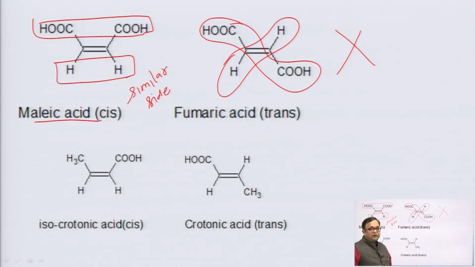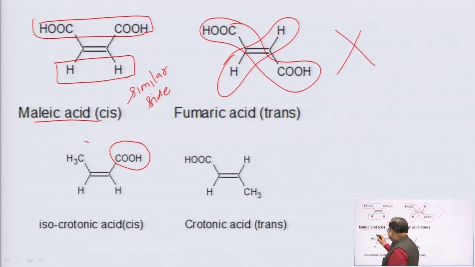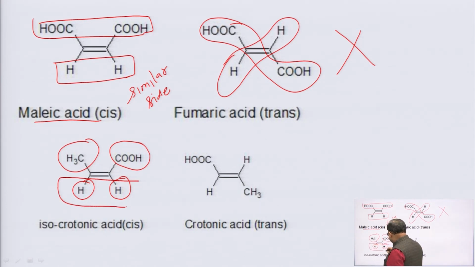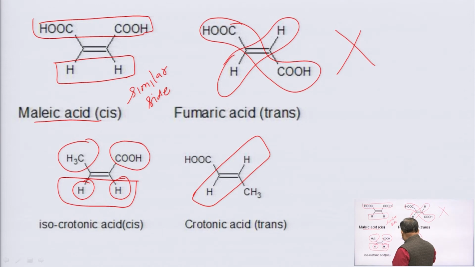One more example we can discuss here, crotonic acid. Crotonic acid bears COOH and methyl on one side and hydrogen atoms on the other side. So, in one case hydrogen atoms are present on the similar side, and in the other case hydrogen atoms are present on the opposite side, and the methyl group and carboxyl group are again present on the opposite side.